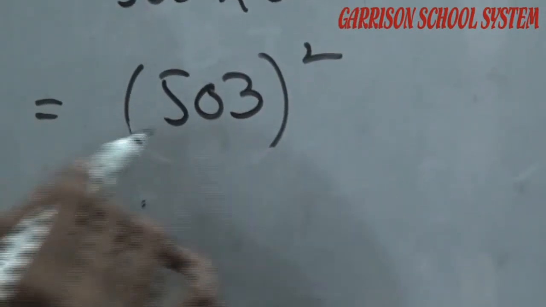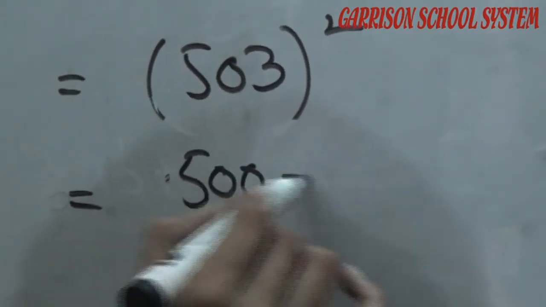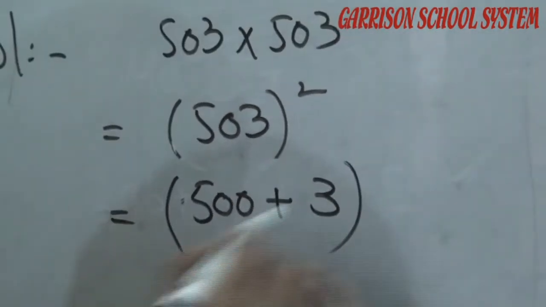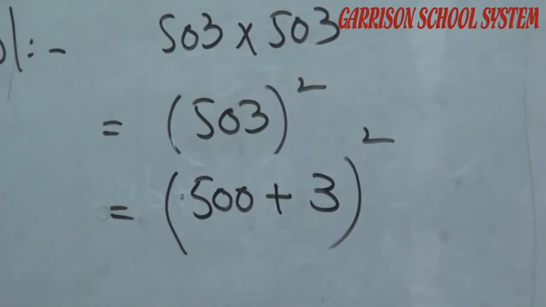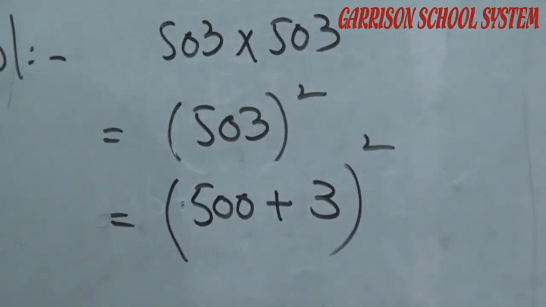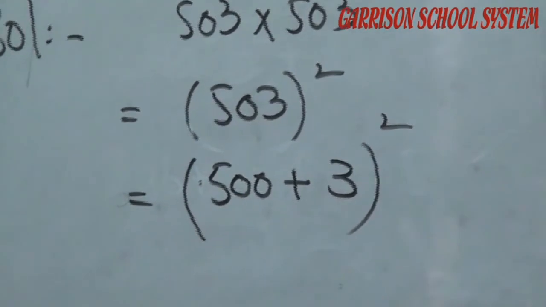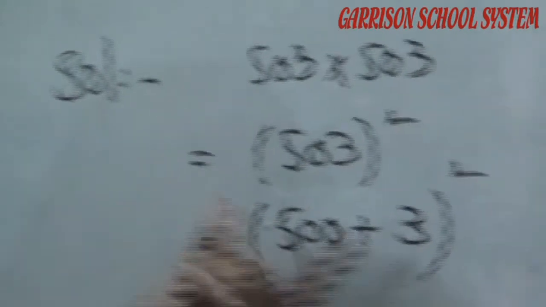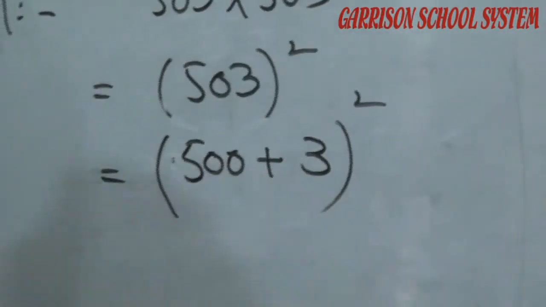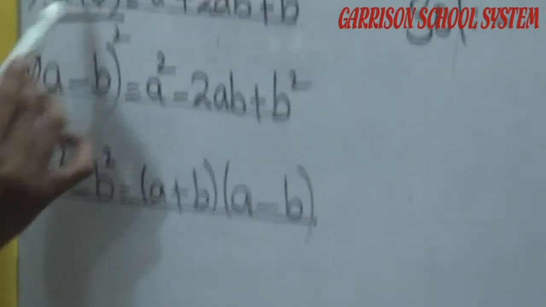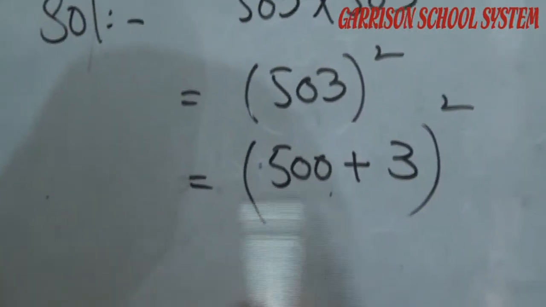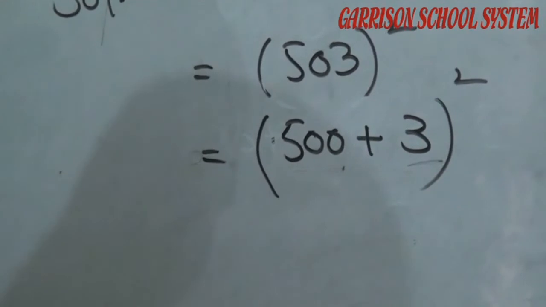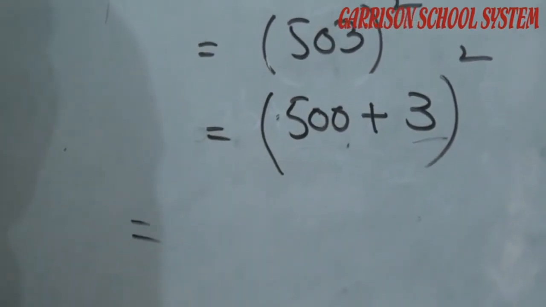If I say that 503, I have to change in two terms, it will become (500 plus 3) whole square, because 500 plus 3 will produce 503. I have changed it in the two terms because in the formula there are two terms, A and B. This one is A and this one is B. Now I will open it according to formula.